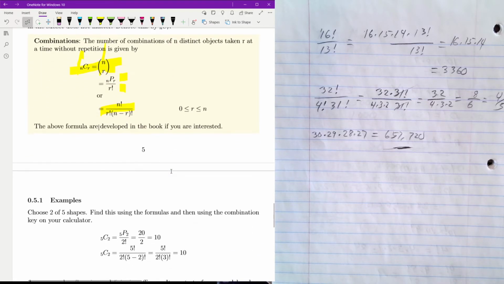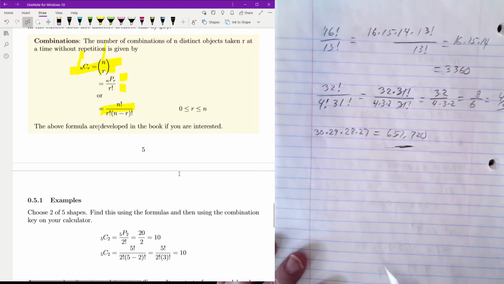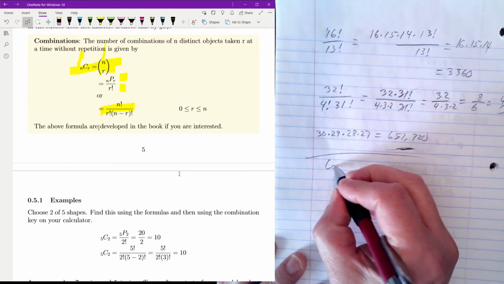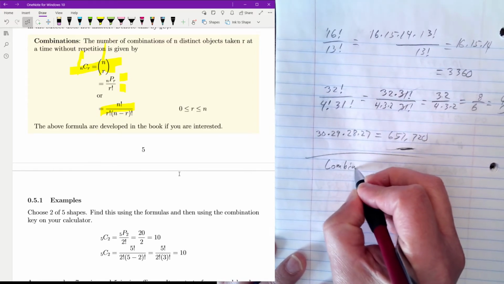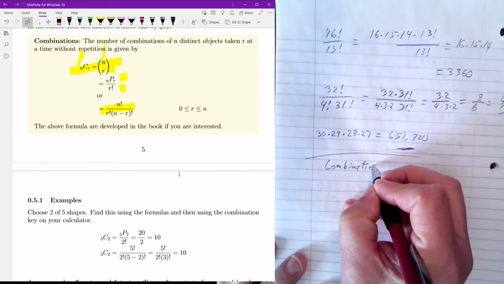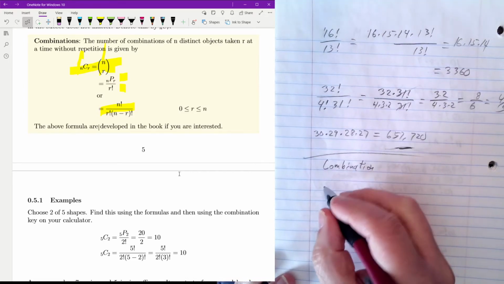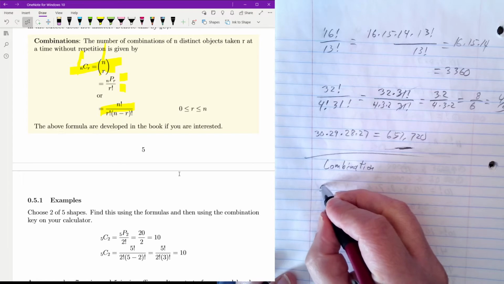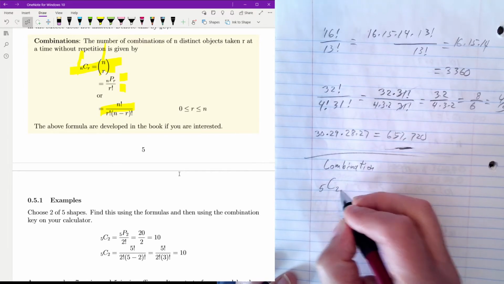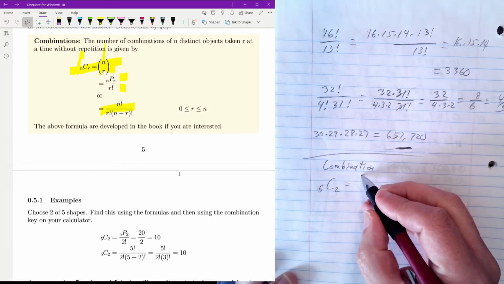How do we use this? Let's try some examples. Combinations. So choose 2 of 5 shapes. Let's just use the formula and then also use the combination key on the calculator. Generally speaking, we're going to use a combination key, but let's use the formula. So we're going to do 5 choose 2, and we're going to use the permute button on our calculator.